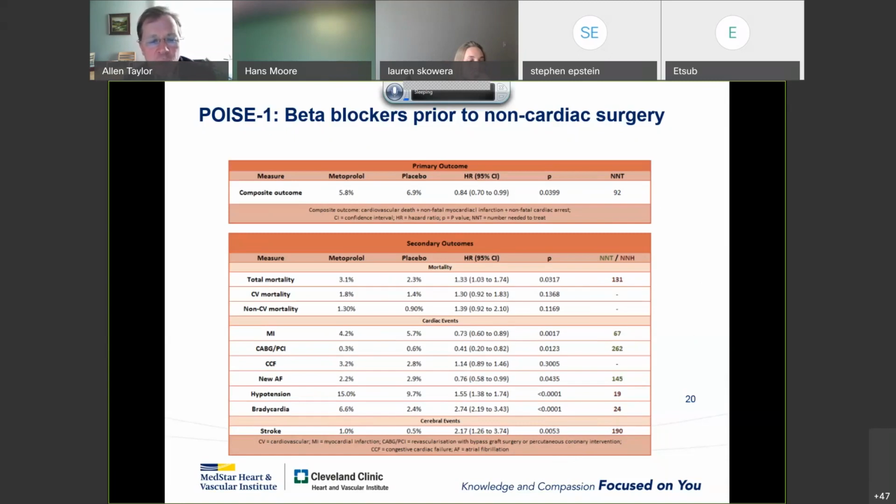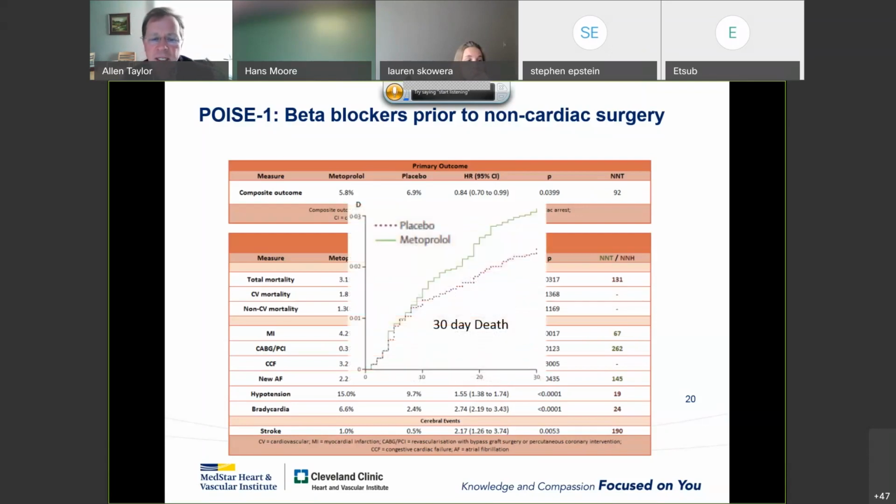Total mortality 3.1 in metoprolol versus 2.3 in placebo, but there was a slight reduction in myocardial infarction, at the expense of significantly more hypotension and bradycardia, as you would expect, and a significantly higher stroke risk. So it really is quite a double-edged sword, and this was a high-risk group of patients. This is indeed the 30-day death rate, with placebo group seen in purple and the metoprolol group seen in green.